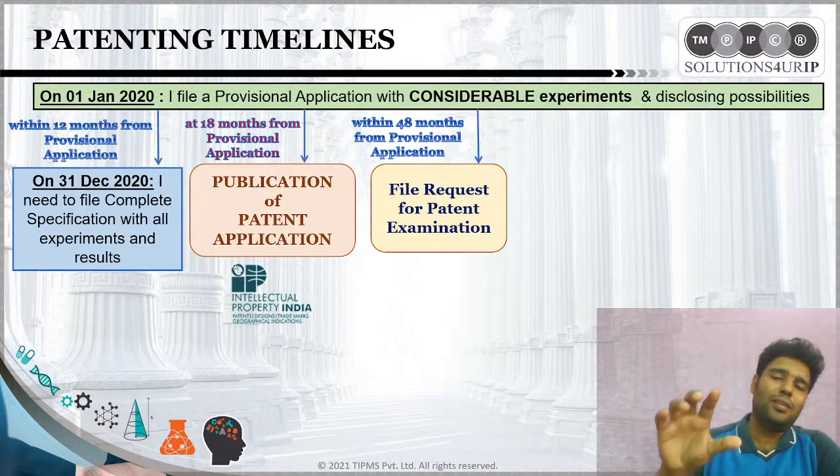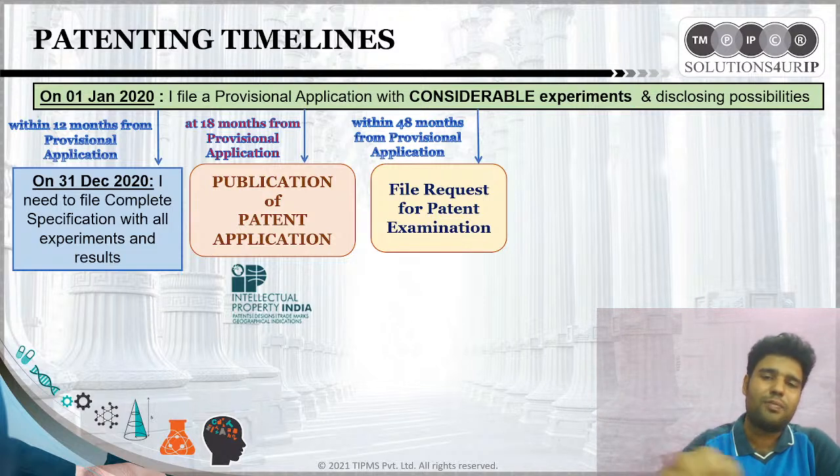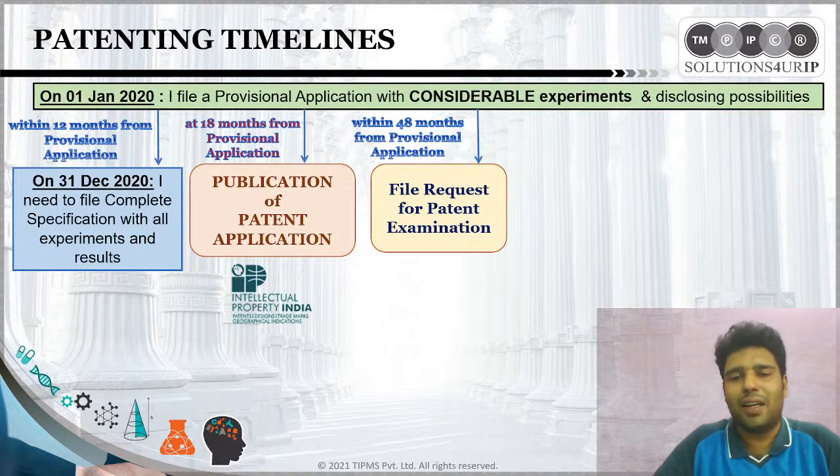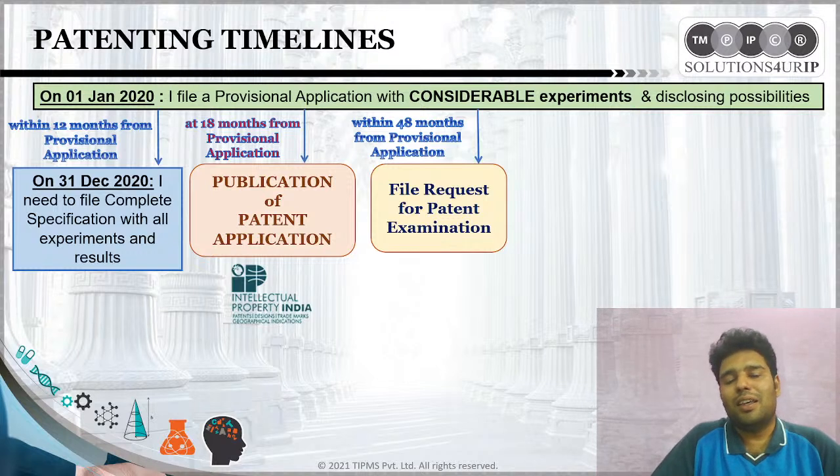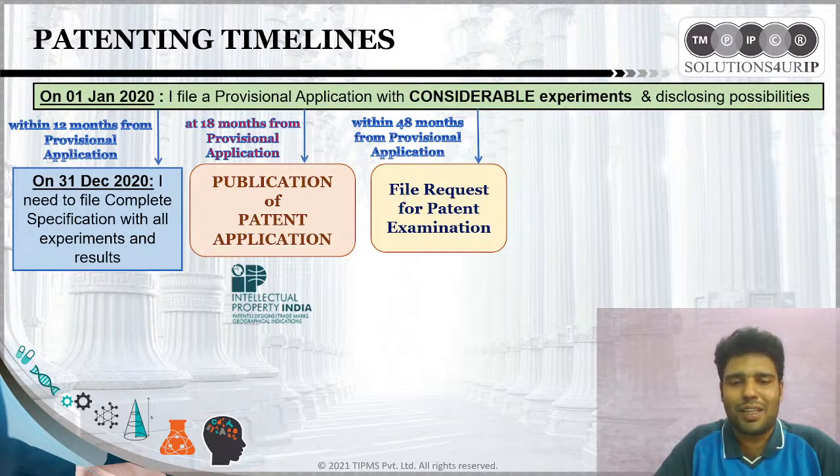Okay, so with reference to these basic forms and these basic timelines, you will easily understand the importance of, and why, any other particular form number is required. Okay, so I have said so much on the premise of request for patent examination, but I have not dealt with the request for patent examination exactly. Let me say, within 48 months from provisional application, you have to file the request for patent examination. Okay, so it is a patenting strategy.